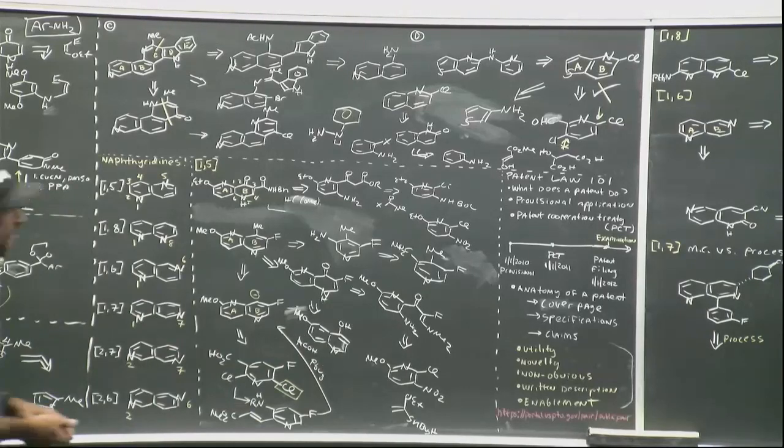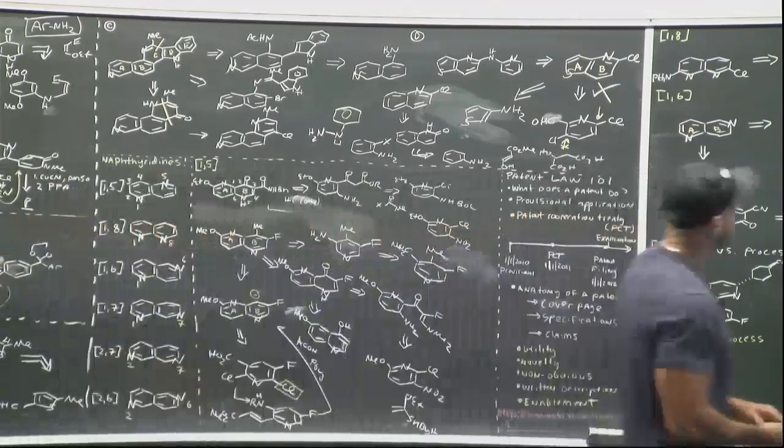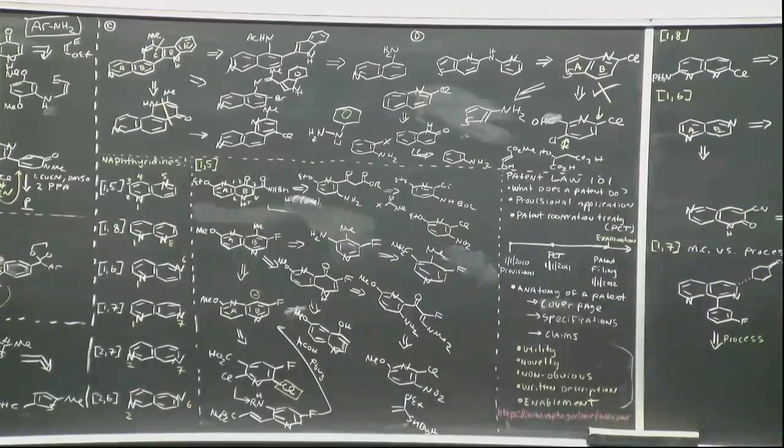So the first one here. In the 1-8 series, you've got a phthalimide protecting that C2 amine, so we can just simplify that directly to that. Diaminopyridine, thank you, Saul.